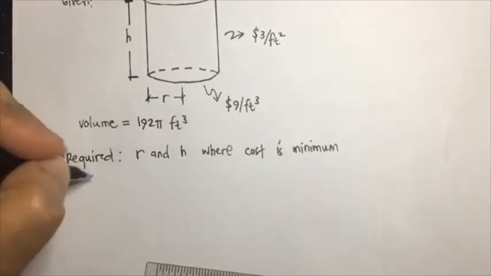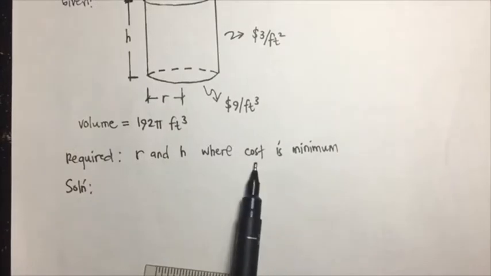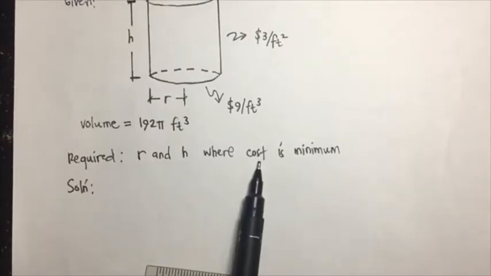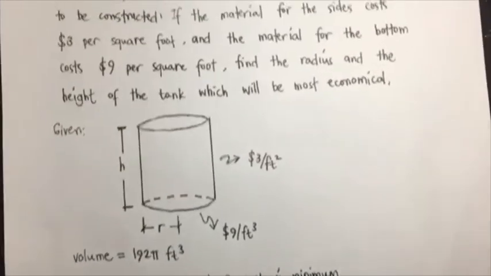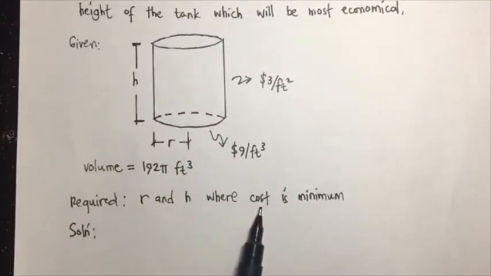Okay, so we are minimizing the cost here. So for our solution, obviously our objective function will be in terms of cost. So we will construct a function of the cost.